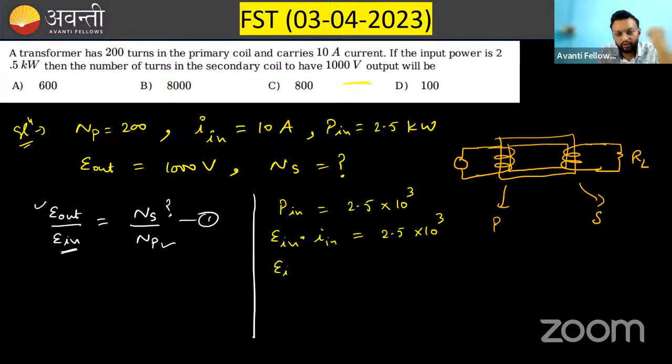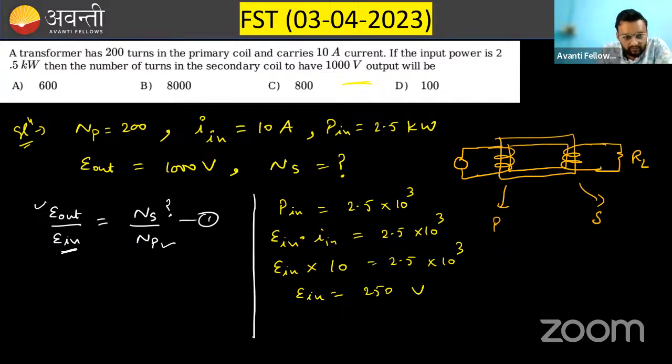Input voltage we don't know, but input current is 10 ampere. So input voltage will become 250 volt.